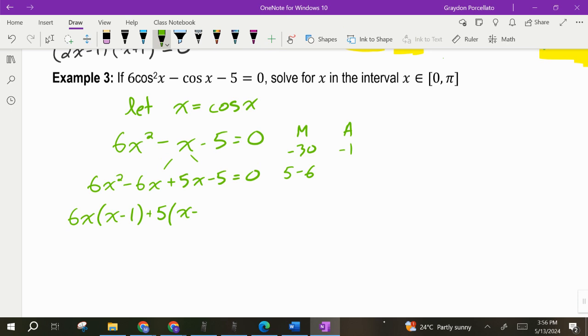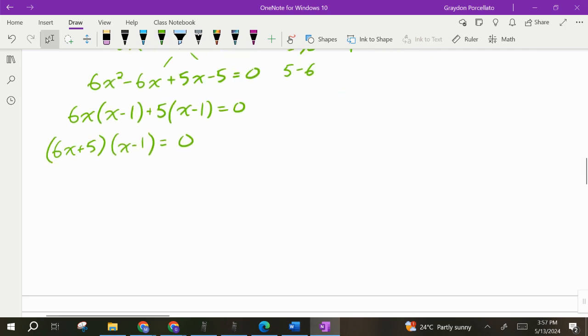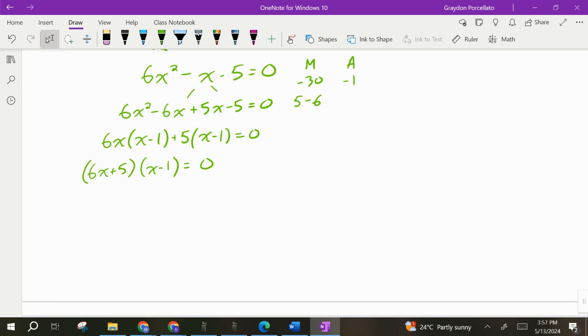I get x minus 1 equals 0. So my solutions are 6x plus 5 and x minus 1 equals 0. So then let's look at my solutions here. My solutions are either x equals negative 5 over 6 or x equals positive 1.